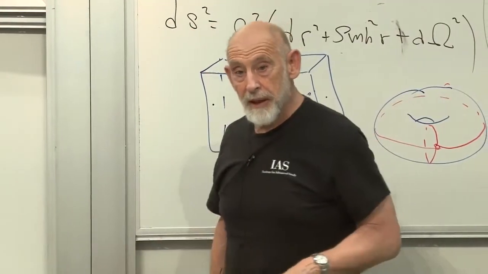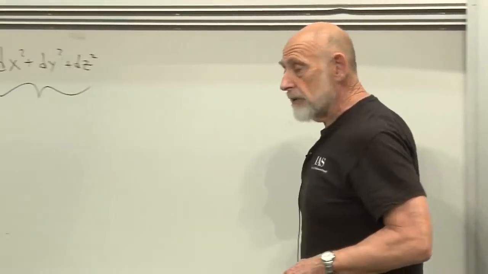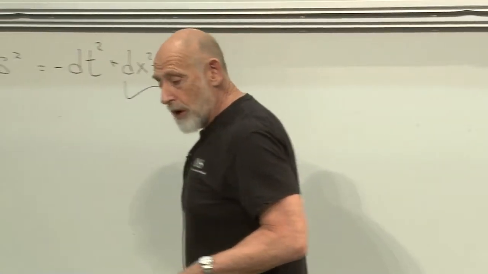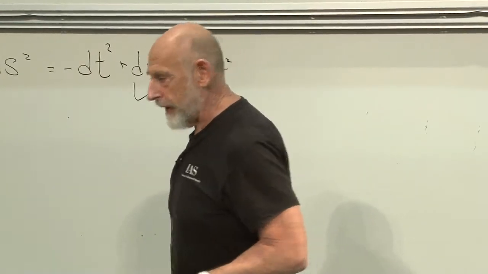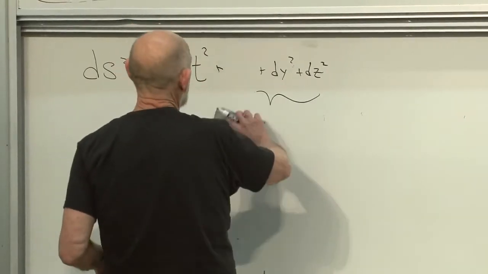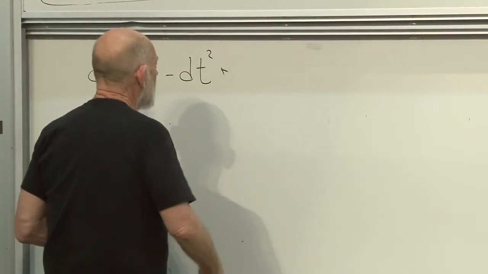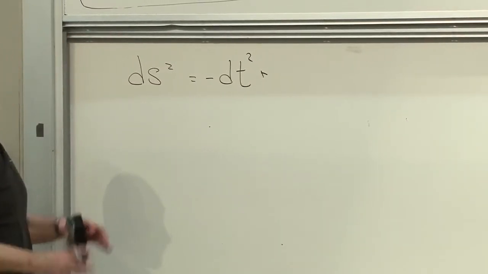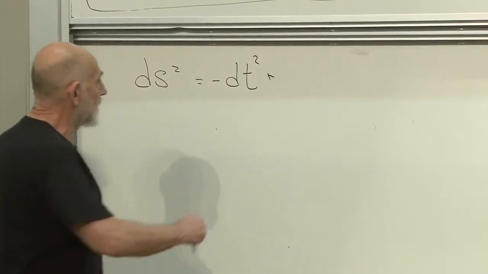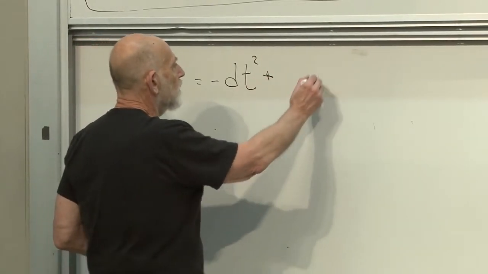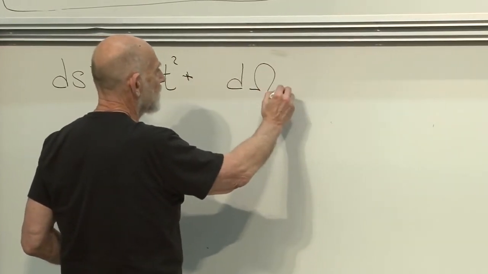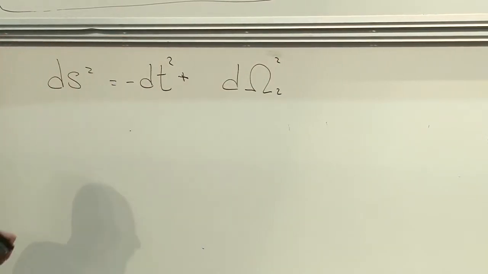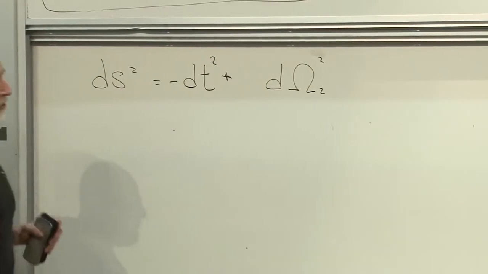One possibility is the plane, one possibility is the sphere, the other possibility is the hyperbolic geometry. But we're going to include one other thing, a scale factor. Let's take the case of the two-sphere, just for visualization. Minus dt squared plus d omega 2 squared. What is this? This is a world with time, but in which space is just a two-sphere.